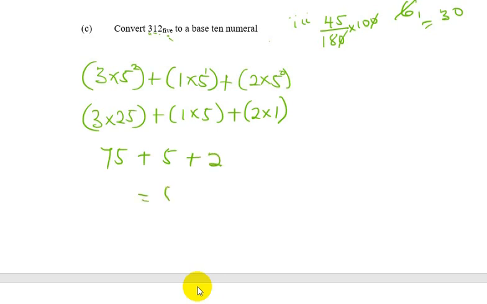So we are going to get 82. You can add the base 10. Since it's in base 10, you can leave your number as this or just write 82. Okay, it is the same thing. So we will just say 312 base 5 converts to 82 or 82 base 10. That's all.